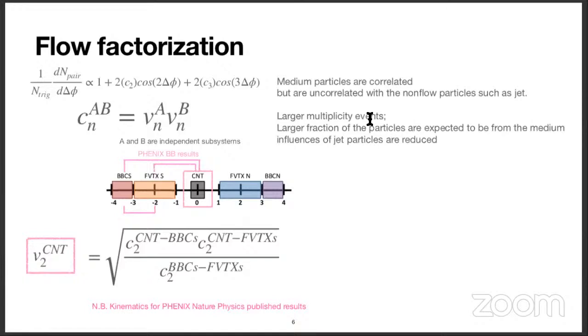Okay, so before I move on to introduce the latest PHENIX analysis results, let me give you some brief items that I want to claim in this talk. When free expansion works for flow, this simple equation here should work, and this is what we call flow factorization.